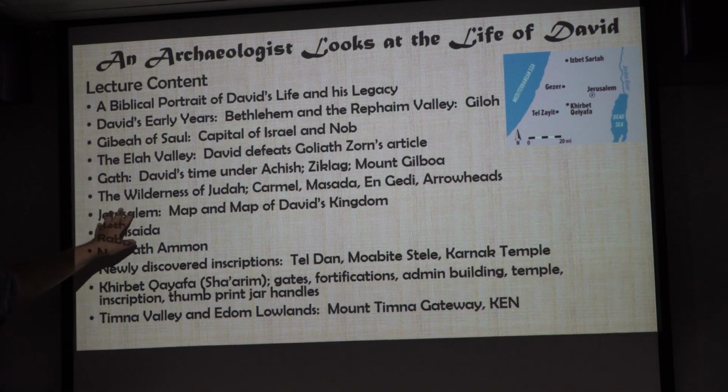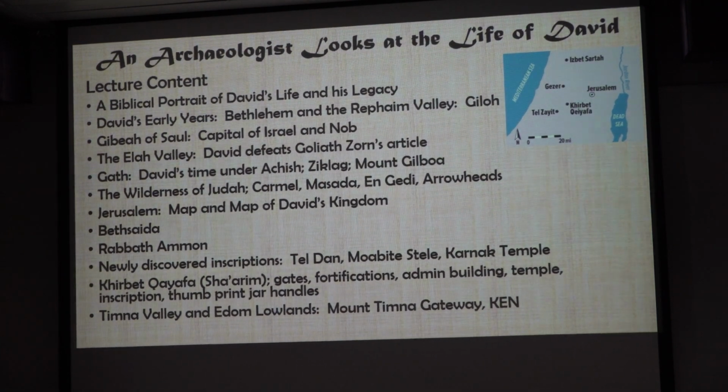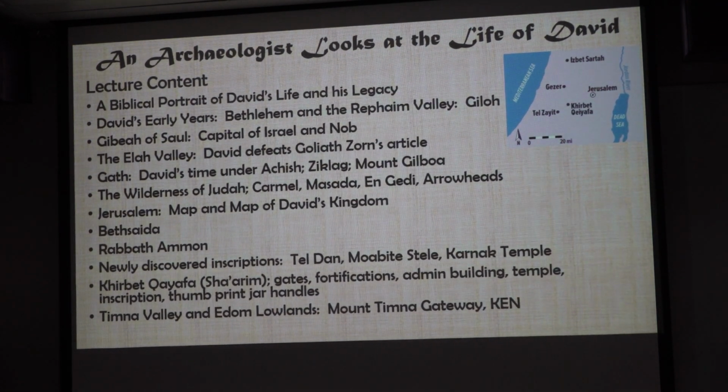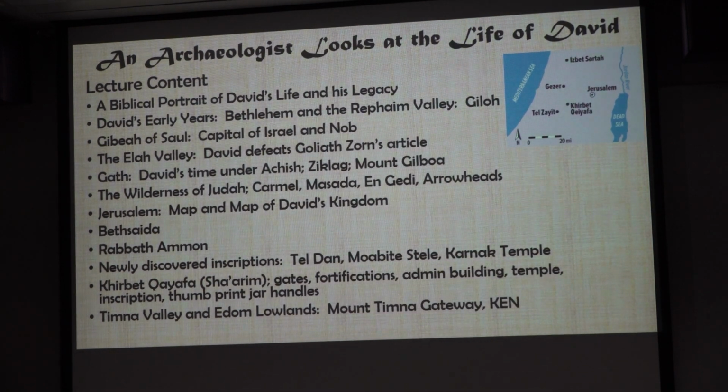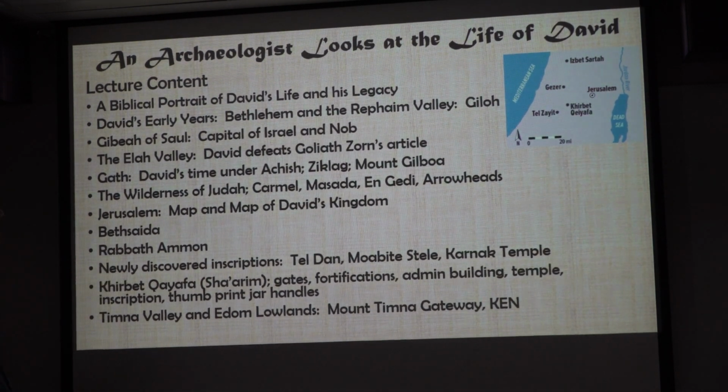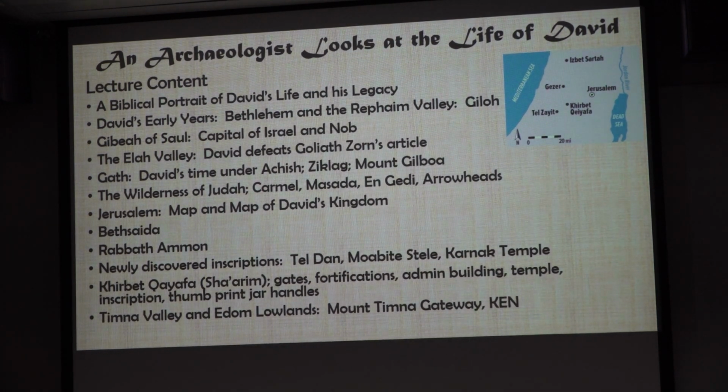Wilderness of Judah figured in David's life because of his fleeing from Saul. There's places mentioned there, such as the stronghold, which may be a term for Masada, the later Herodian stronghold. Jerusalem, Bethsaida, one of his wives was from Bethsaida, princess of Geshur.